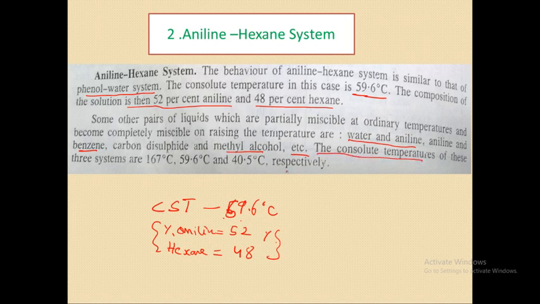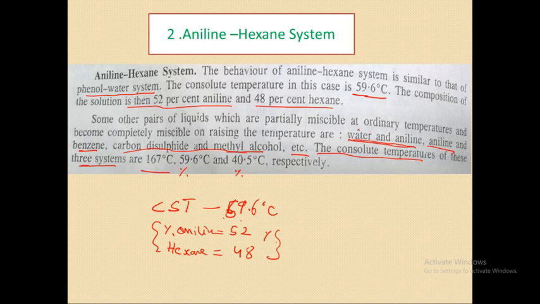The consolute temperature of these three systems, water and aniline, aniline and benzene, carbon disulfide and methyl alcohol, is 167 degrees Celsius, 59.6 and 40.5 degrees Celsius respectively.